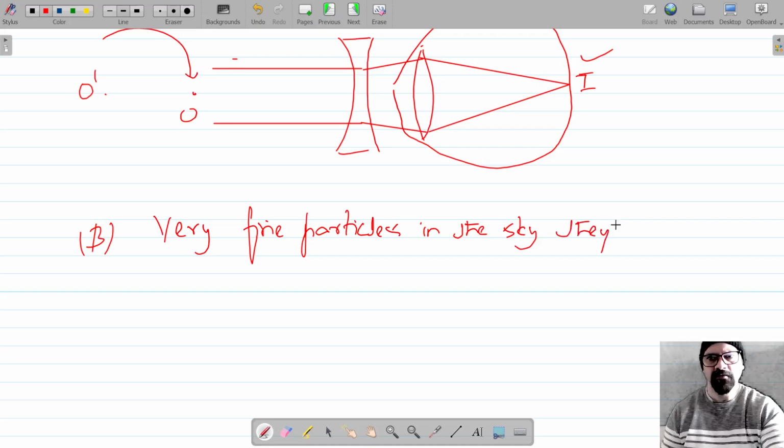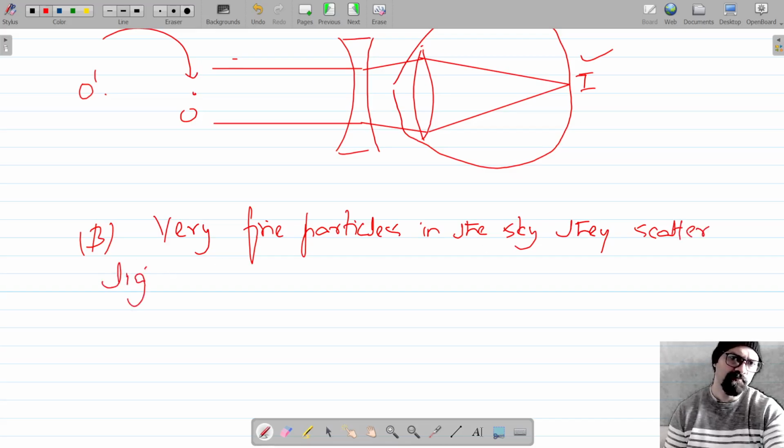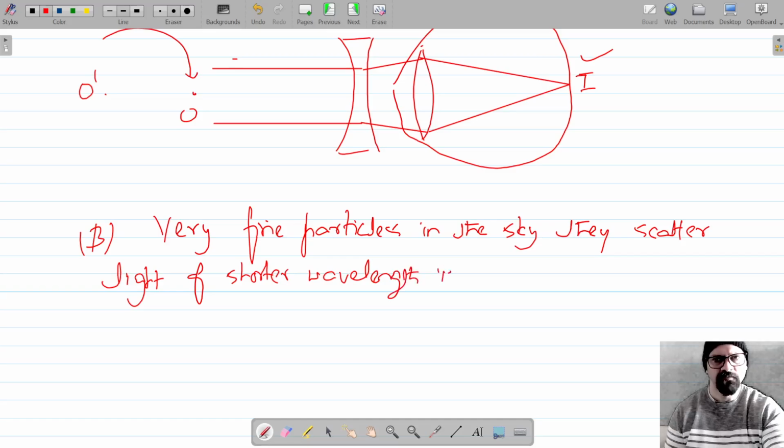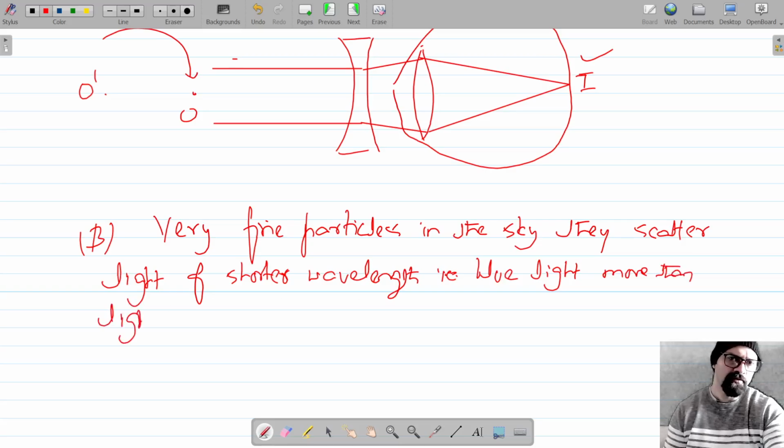They scatter light of shorter wavelength, that is blue, because their size matches the order of the wavelength of blue light, more than light of longer wavelength, that is red.